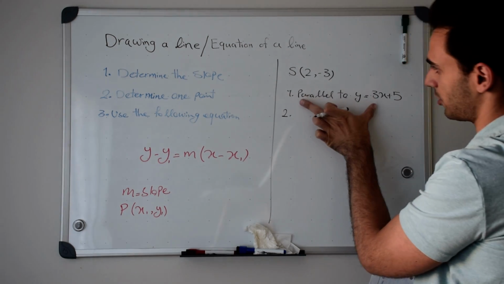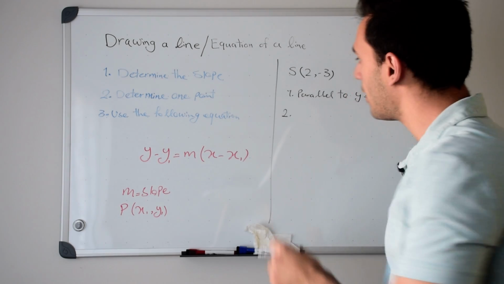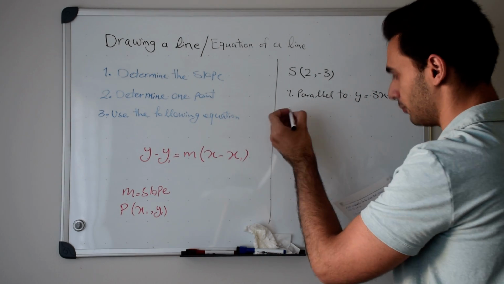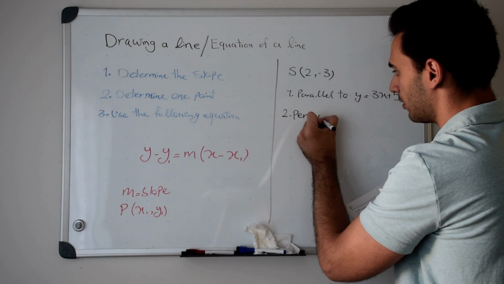This is question number 1. Question number 2: the line passes through this point, but it is perpendicular to the same line.